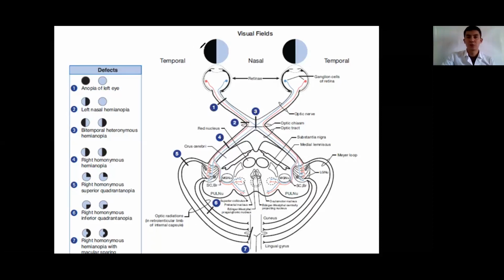Some features and properties here. We have to understand the image is inverted from top to down. If we imagine the eye here, and for example this is the retina, the upper part of the retina will get information from the lower part, and the inferior part of the retina will get information from the upper part.